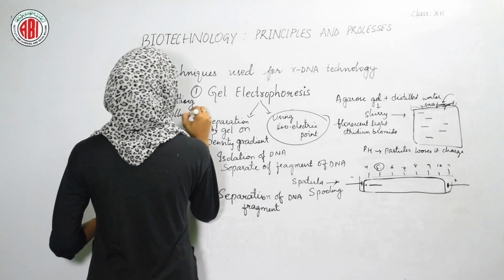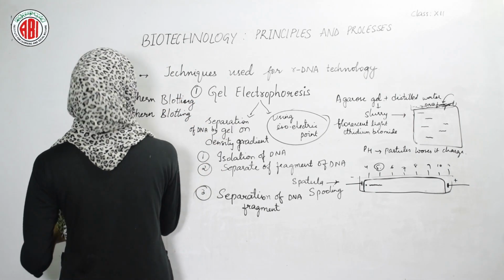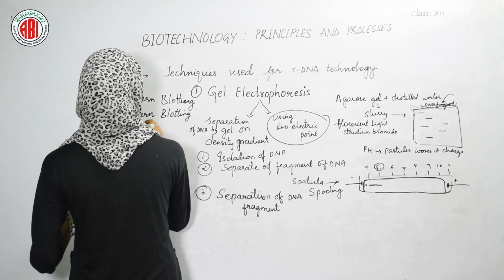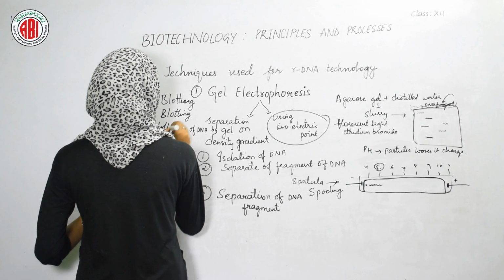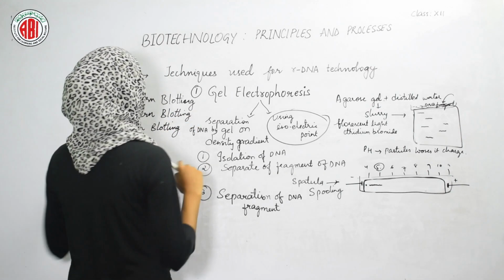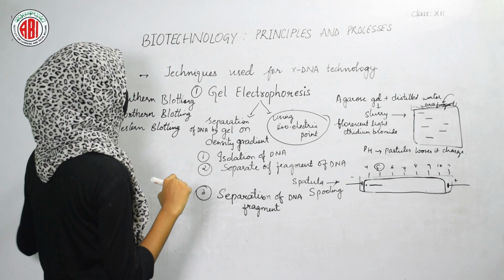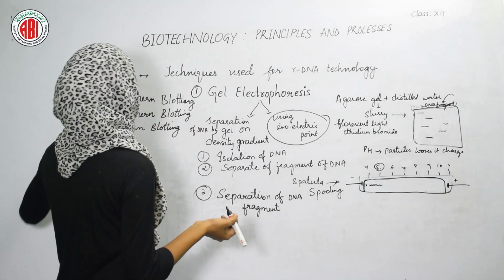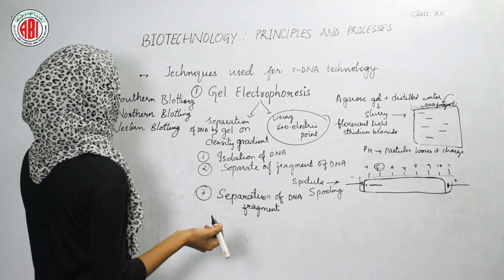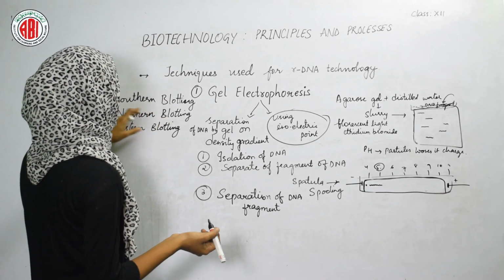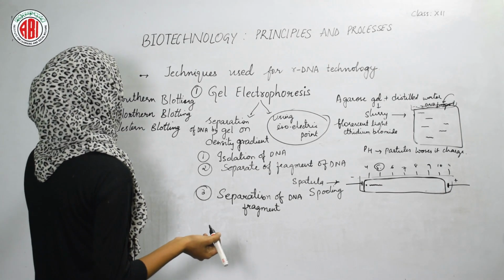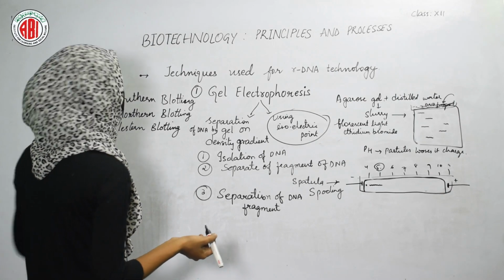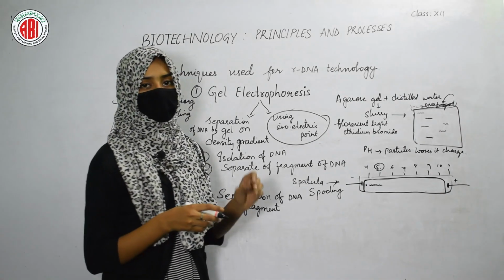And if proteins are getting separated by gel electrophoresis, then that process can be termed as western blotting. So, depending upon whether DNA, RNA or proteins are getting separated by gel electrophoresis, we can use the different terms. If DNA, it is southern blotting. If RNA, it is northern blotting, and if proteins, then this process can be termed as western blotting.